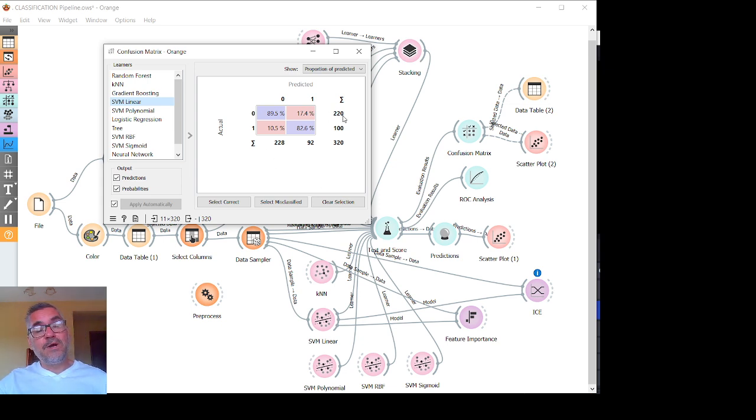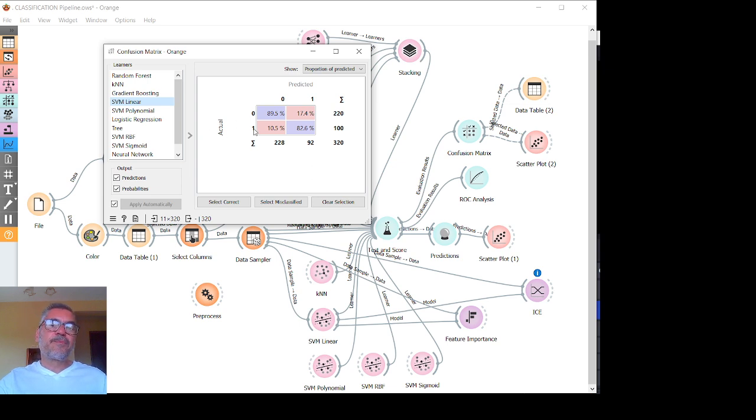From the 220 actually good customers, our model, the SVM linear, forecast correctly in the training set 89.5% of all cases, and misclassifies 17.4%. Everything you see in blue are the successes, the correct classifications, and everything you see in red are the misclassifications.